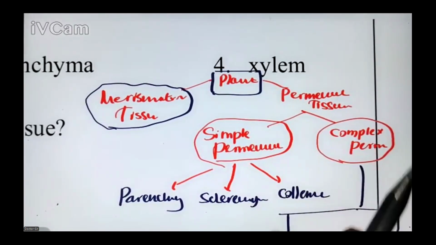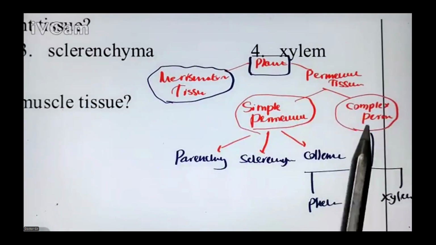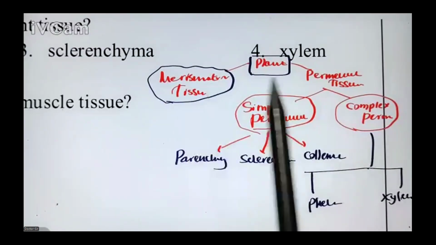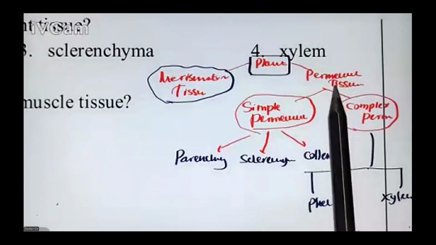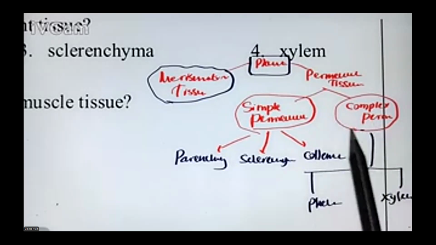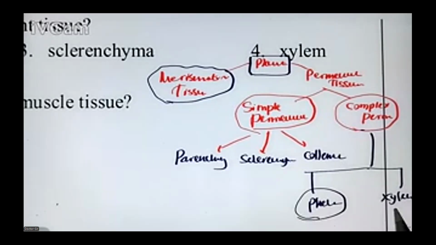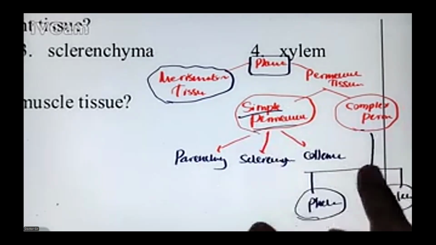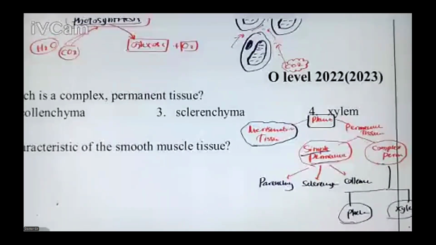So these are the important aspects of plant tissues. Complex means it has different types of cells. Phloem and xylem are complex, while parenchyma, sclerenchyma, and collenchyma belong to simple permanent tissues.